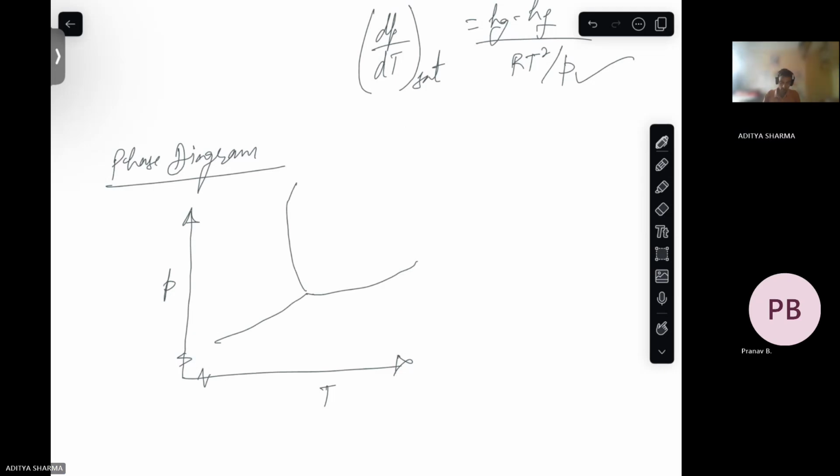So three curves are there. This is the sublimation curve. This is the fusion curve. This is the vaporization curve.